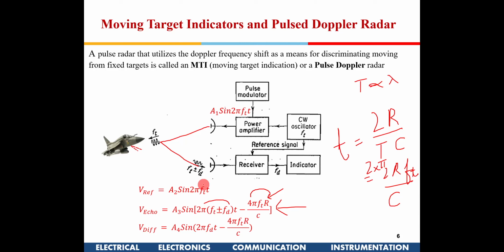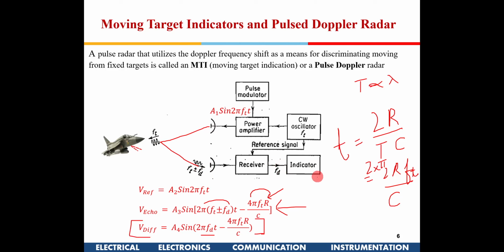So once you employ a low pass filter, that gets filtered out, and one will be the difference of these two frequencies. So when you take the difference, ft goes and only fd remains. So this is fd, and this phase shift which occurs because of the distance traveled by the wave is also there. So this is what you get at the output of the receiver.